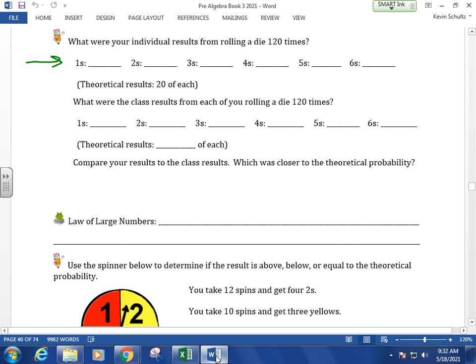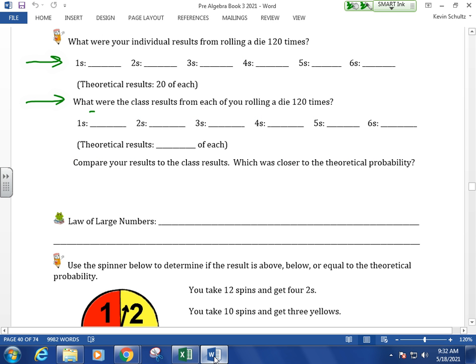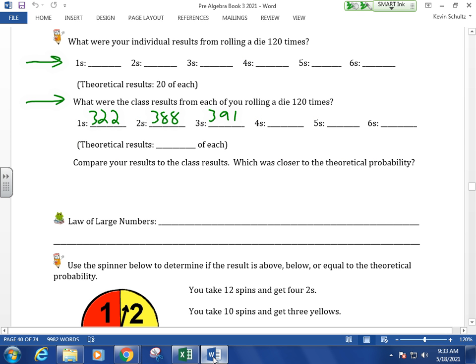Our class results. Let's go back here. We've got 322, 388, 391, and 392, 407, 374.